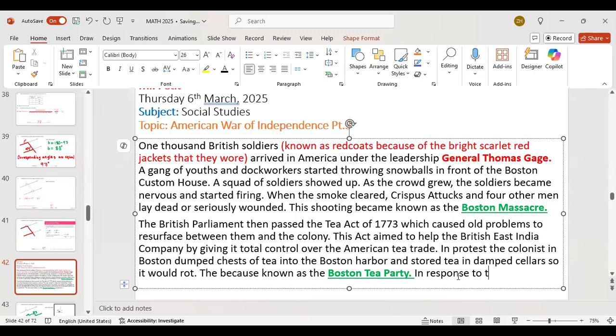In response to this, the British, you know, they always gonna come with some act.